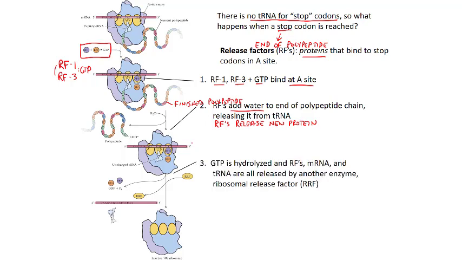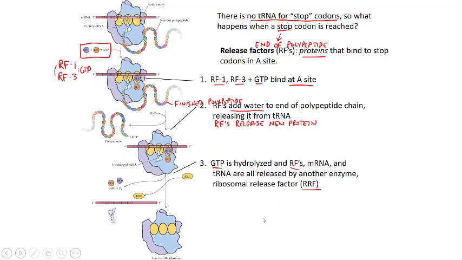So what happens next is that we get a GTP hydrolysis. Once we have hydrolysis of GTP by the RFs, a third protein called RRF, ribosome release factor, is able to bind to it, and it simply breaks the whole complex apart.